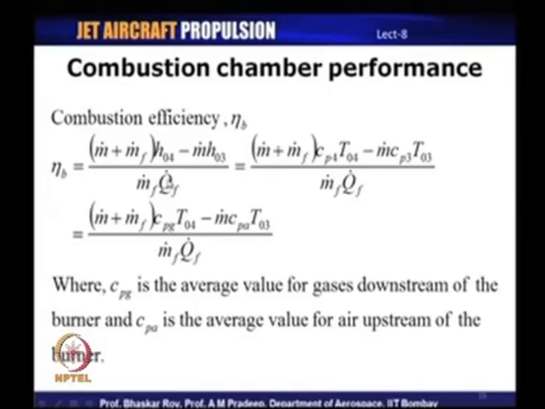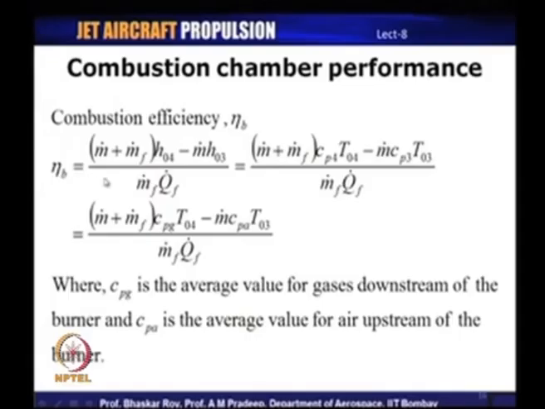So, this means that if the efficiency was equal to 1, then the exit enthalpy, which is (m dot, the mass flow rate of air, plus the mass flow rate of fuel) multiplied by the enthalpy, equals the inlet enthalpy, that is mass flow rate of air multiplied by the corresponding enthalpy, plus the mass flow rate of fuel times the heat release. Q dot F is the heat release rate of the fuel or heating value of the fuel.